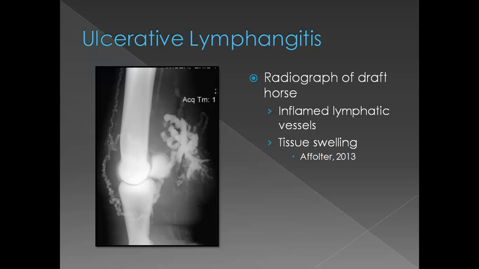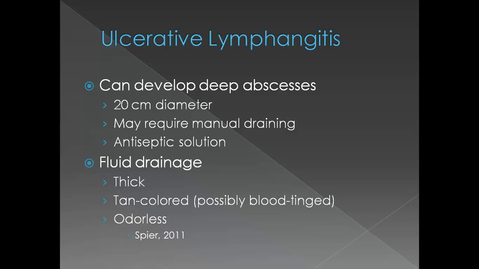The horse's leg that is infected with ulcerative lymphangitis may develop deep abscesses, up to 20 centimeters in diameter, where bacteria can be found. Superficial abscesses may drain on their own or by manually lancing these abscesses.